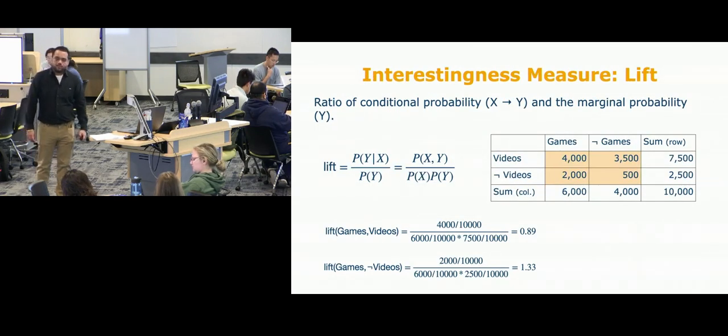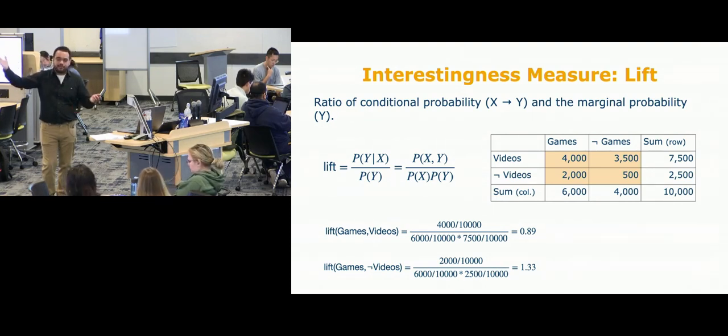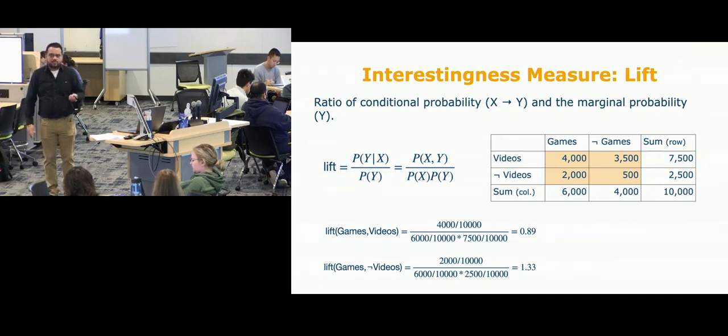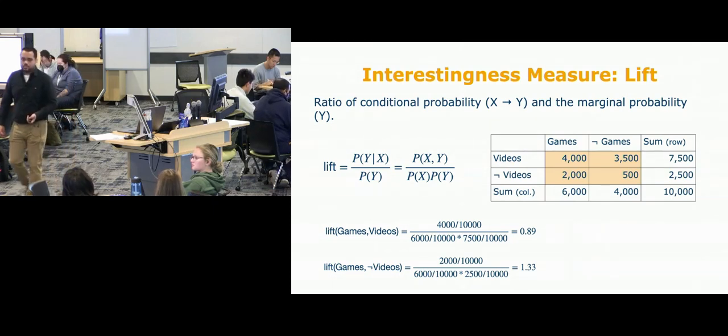So now, instead of using conditional probability, we use some interestingness measure, and the one that we will see here is lift. As I will show in the next few slides, there are many, many others that people commonly use. Lift is one of the most common ones that you will see used in industry. So what is lift?